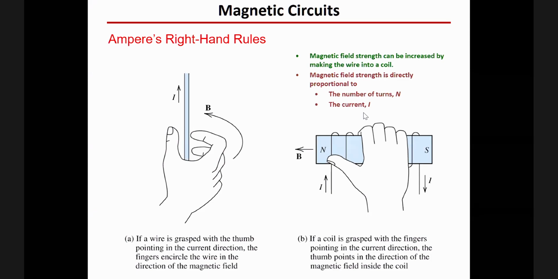If we have a current in a wire, the direction of the resulting magnetic field is found using the right-hand rule. The thumb indicates the direction of the current, and the remaining fingers indicate the direction of the magnetic field. Okay? Is it clear? Any question regarding this?